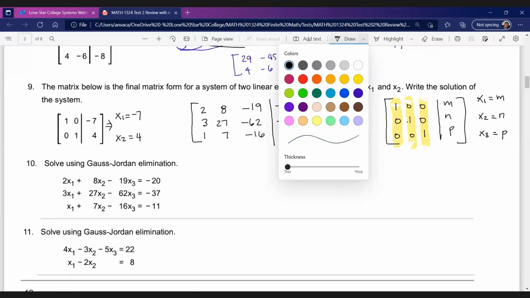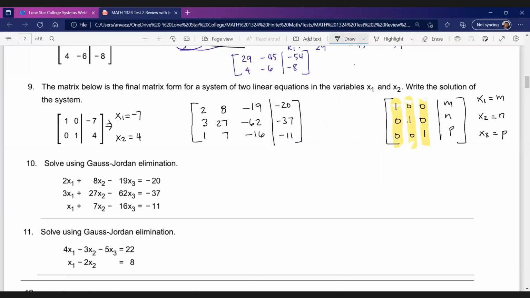So here we go. We're going to take row 1 and we're going to swap it with row 3. Then we're going to take negative row 1, add it to row 2, and that gives us our new row 2.